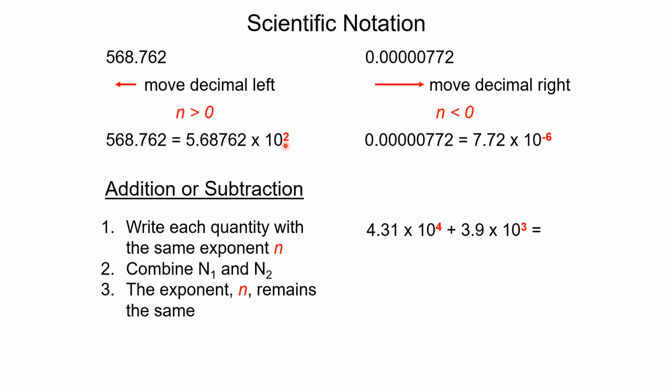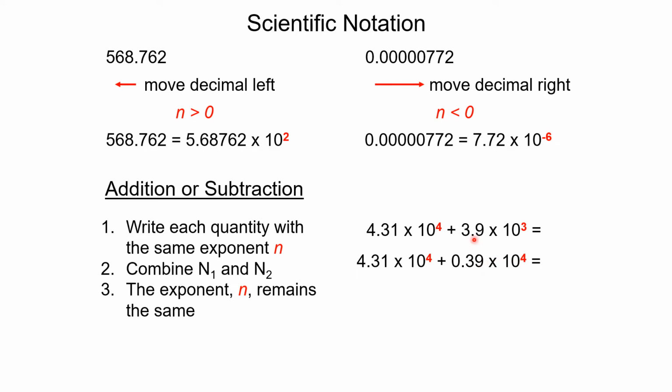Well, they're not the same. So we could actually change either one of them. What I have done here is I have decided to go with the 4. Now, 3.9 times 10 to the 3rd is the exact same thing as 0.39 times 10 to the 4th.